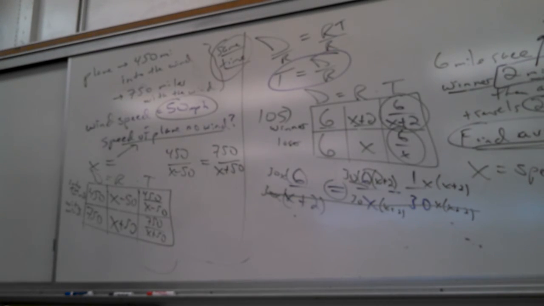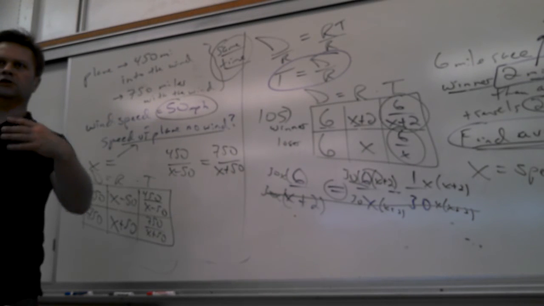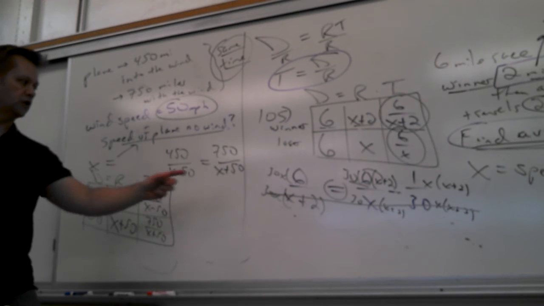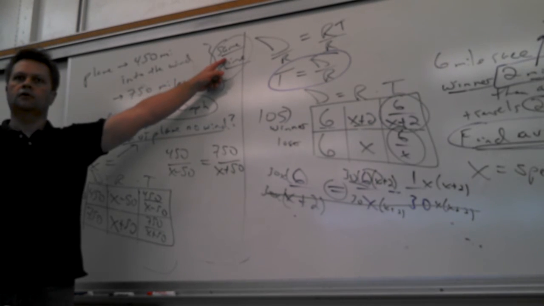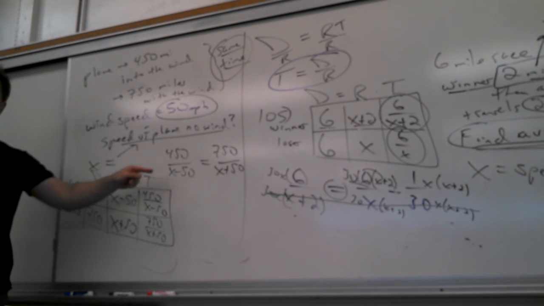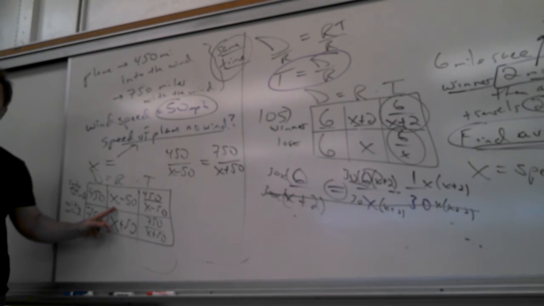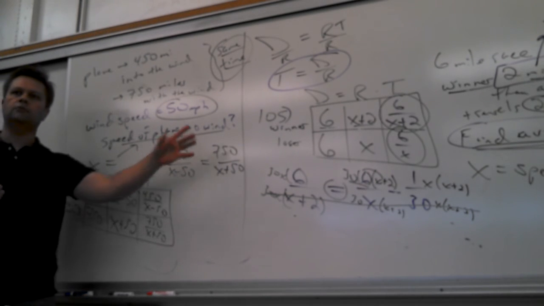So I can't use information about the speed to figure out the speed. What I'm doing is using information about the time, because I know something about the time, which is related to how fast it's going. That's why the equation is set up using time.